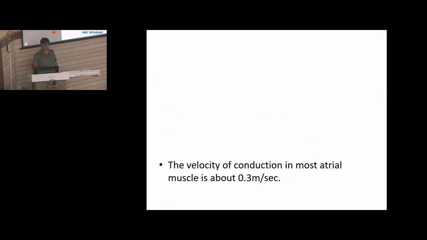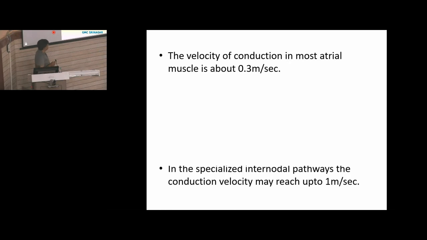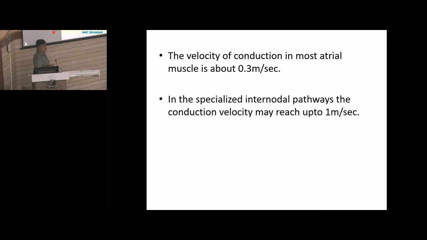Coming to the velocity of conduction: conduction velocity in atrial muscle is 0.3 meters per second. So naturally you expect the velocity in the internodal tracts to be faster. In the specialized internodal pathways, Bachmann, Wenckebach and Thorel, the conduction velocity may reach up to 1 meter per second.